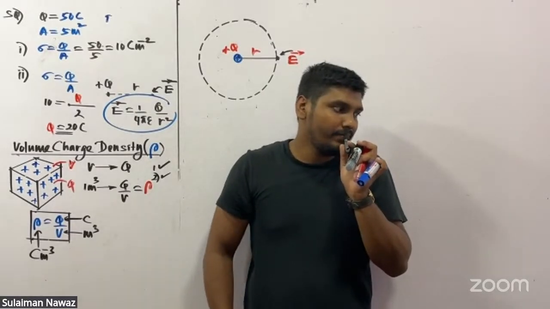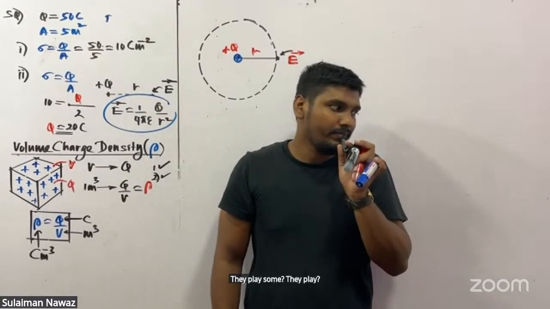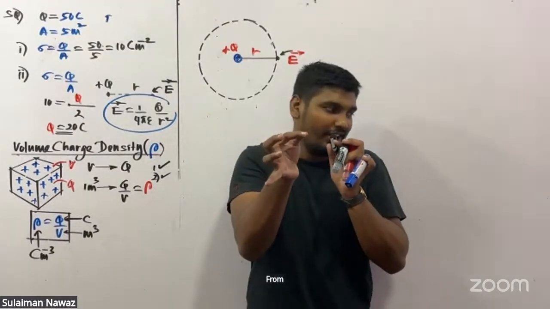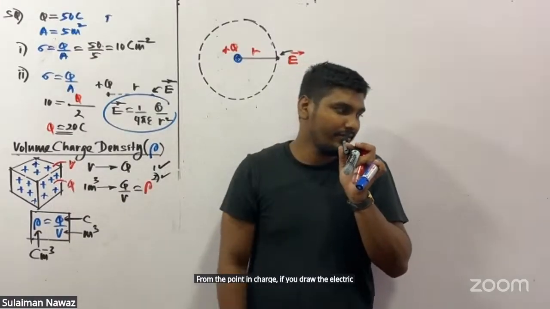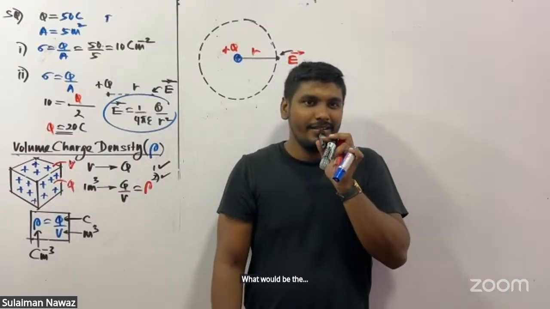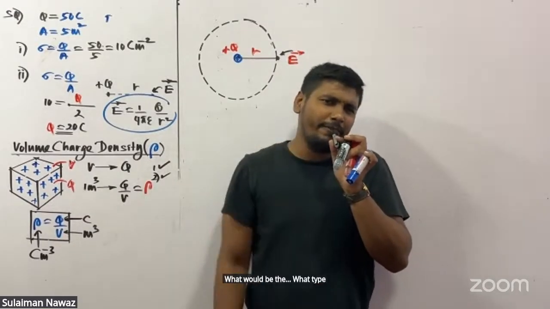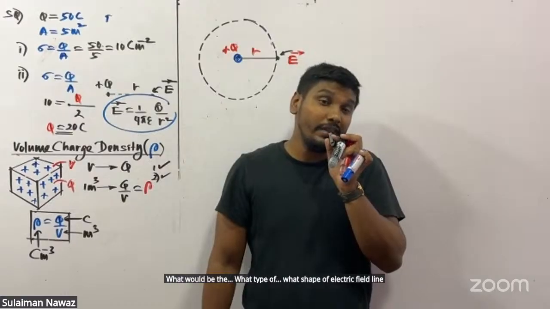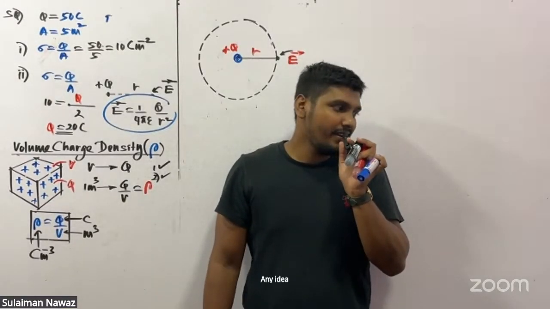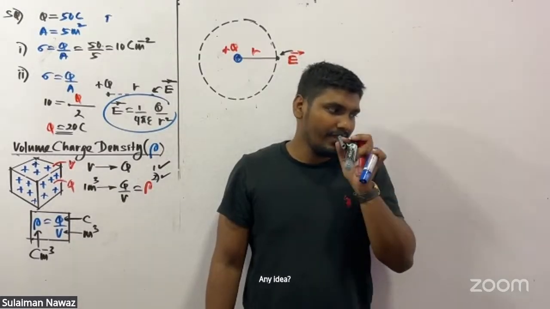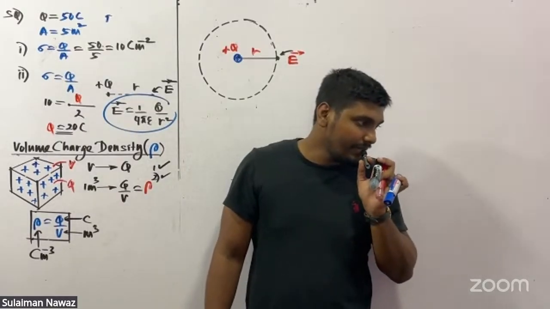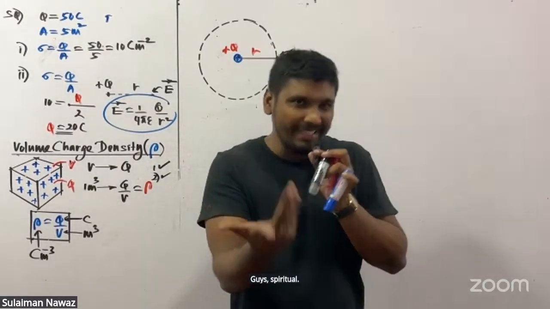Reply, someone. From the point charge, if you draw the electric field line distribution, what shape will you see? Any idea? Spherical.